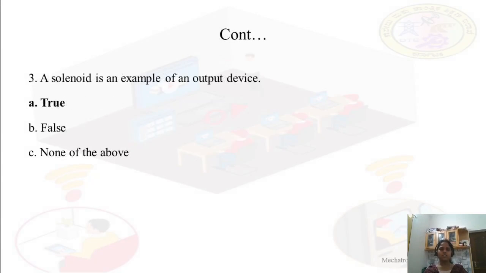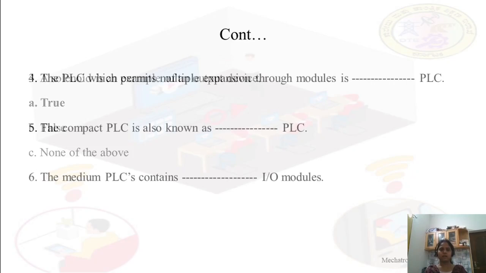The solenoid is an example of an output device. True, false, none of the above. Of course, it is an output device. The PLC which permits multiple expansion through modules is dash type of PLC. Already we have seen this. Expansion through modules is nothing but a modular PLC.